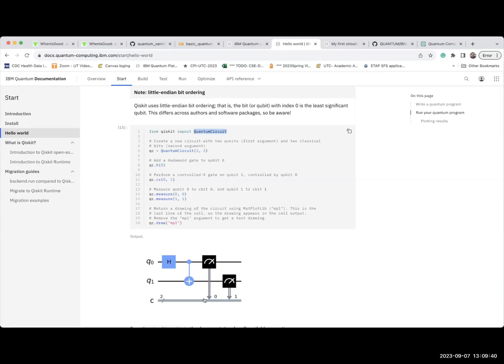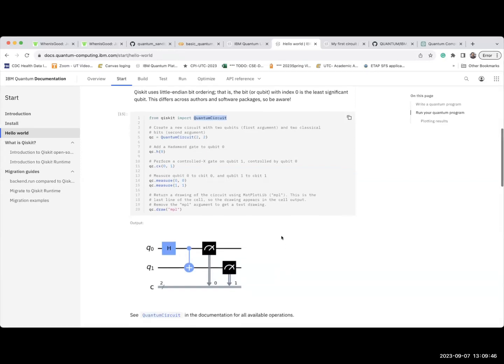So we read on the 0 gate and the 1 gate, and that is basically a measurement: 00, 11. The CNOT, controlled X gate, CX.